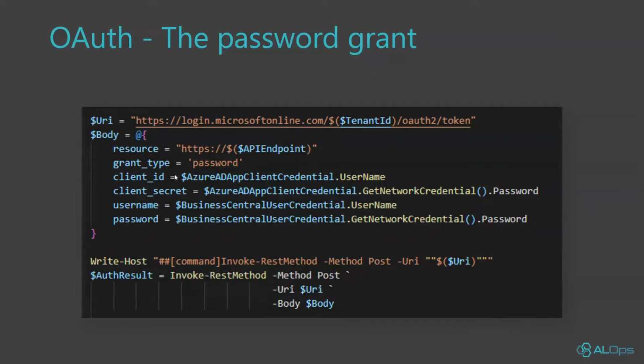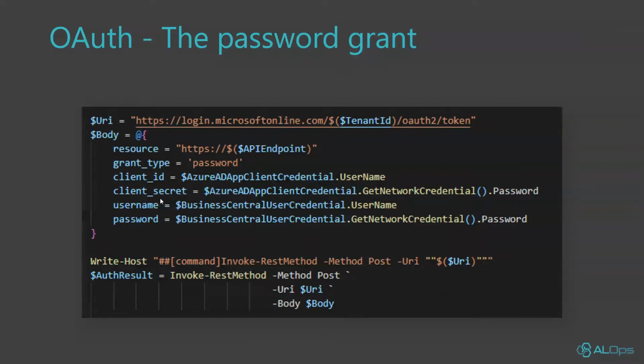So what this says is, I need a username and password from Business Central, and I need a client ID and client secret that I need to create in Azure to be able to use this grant type to create a token to use against an API call for Business Central. I hope that makes sense.